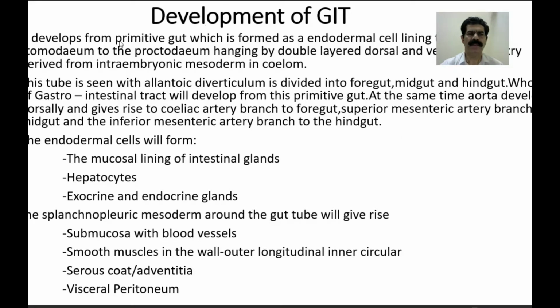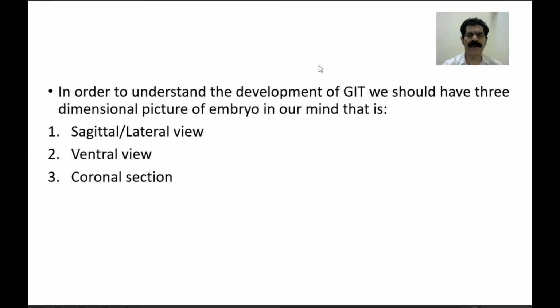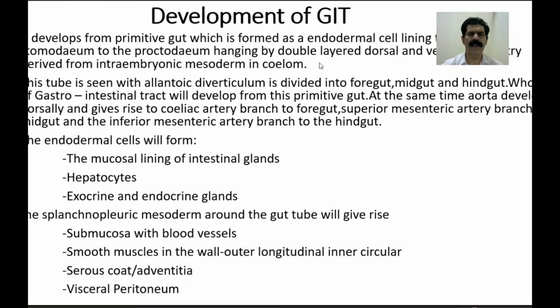Now as we have already seen, the whole of our GIT develops from the primitive gut, which is formed from the endodermal cells lining a tube that extends from the stomatodeum to the proctodeum, and it is hanging by the double-layered dorsal and ventral mesentery, which is derived from the intraembryonic mesoderm, which is the result of the folding of the flat embryonic disc into a tubular embryo.